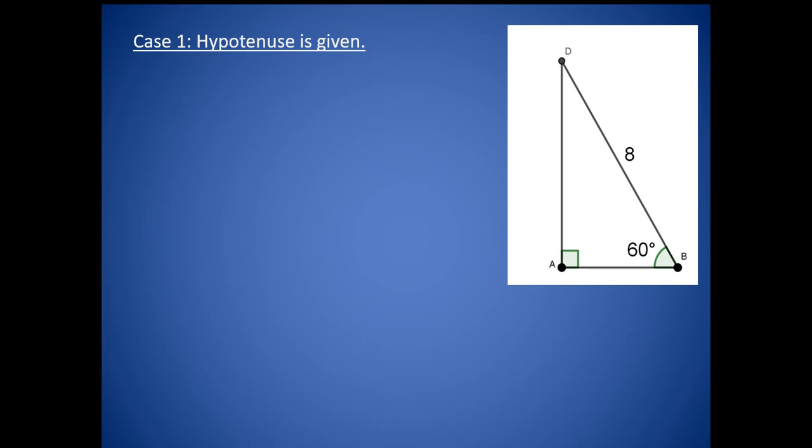So again, I'm going to repeat from the beginning. The original figure was an equilateral triangle, and then we cut it in half. It was an equilateral triangle with side 8. It means this one was 8 and this one was 8. So if this one was 8, it means this one was 4. AB is 4. So ABD is semi-equilateral, so AB is equal to half of BD, BD over 2, so AB is 4.